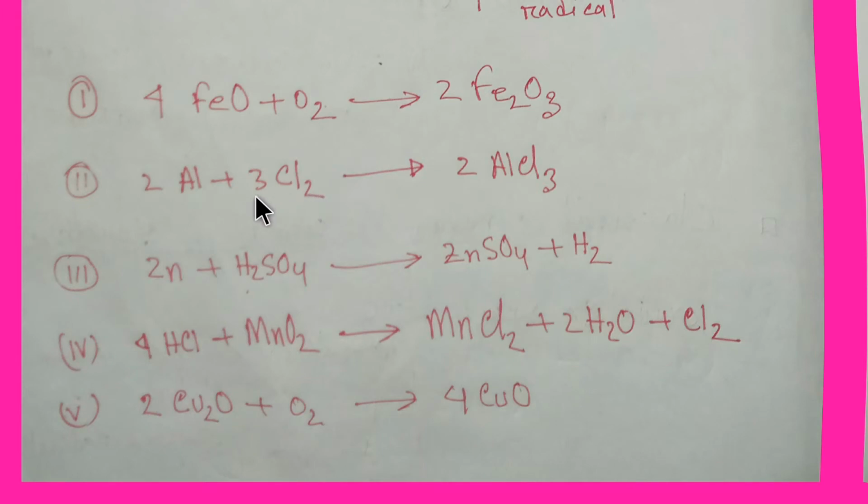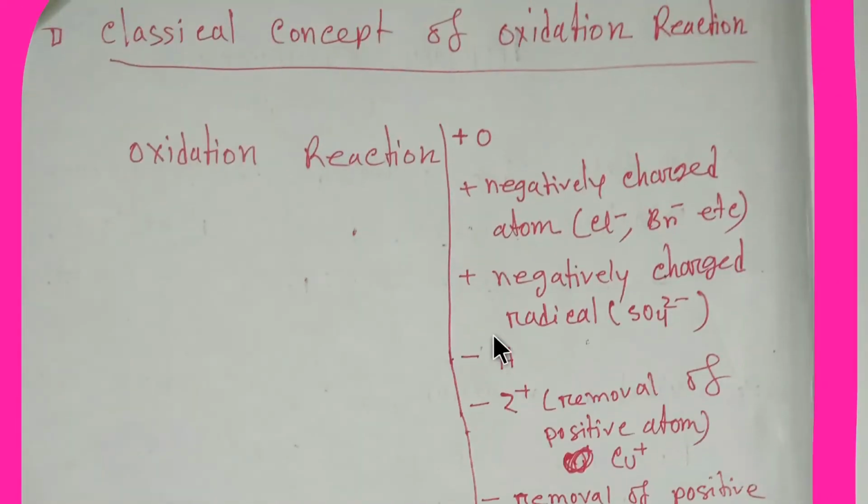Or here you see the addition of chlorine, that is the addition of a negatively charged atom. So this is an oxidation reaction, the addition of a negatively charged atom, right?